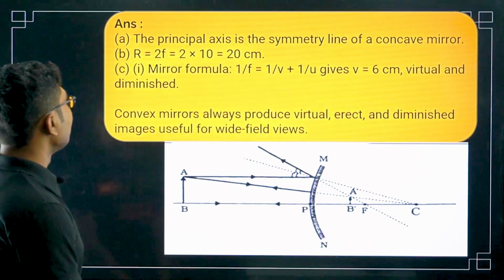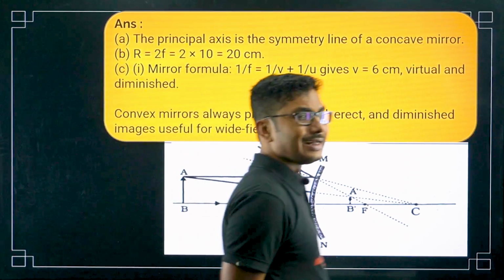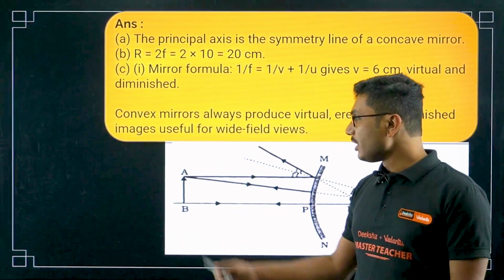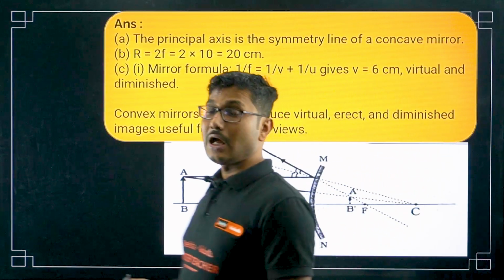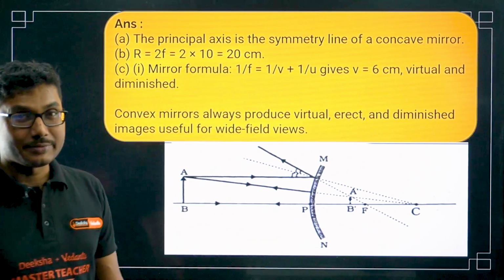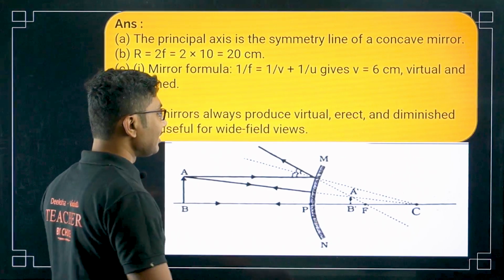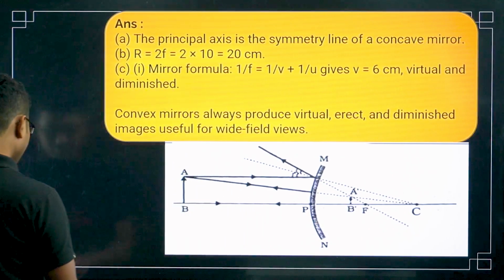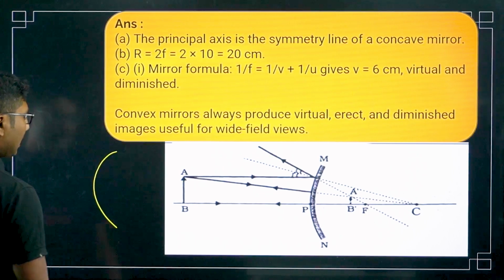Let's see. So the principal axis is the symmetry line of the concave mirror. This is the easiest definition, or you can say that if you join the pole and the center of curvature, then the line that you get is basically the principal axis. It is also the symmetry line. Why do we give the definition by symmetry line? Because suppose this is the mirror.